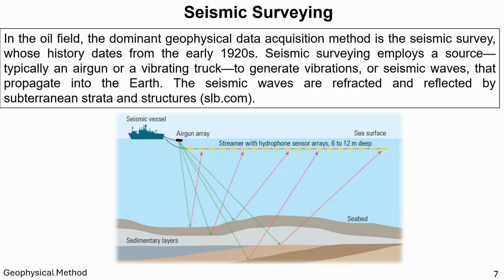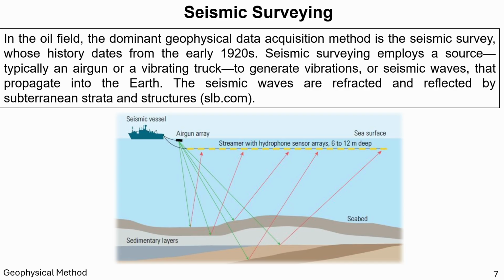Now we begin with the most important geophysical method in petroleum exploration: seismic surveying. Seismic surveys have been used since the early 1920s and remain the dominant subsurface imaging method in the oil and gas industry.